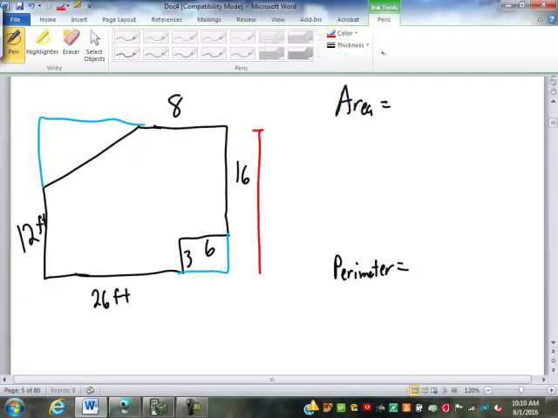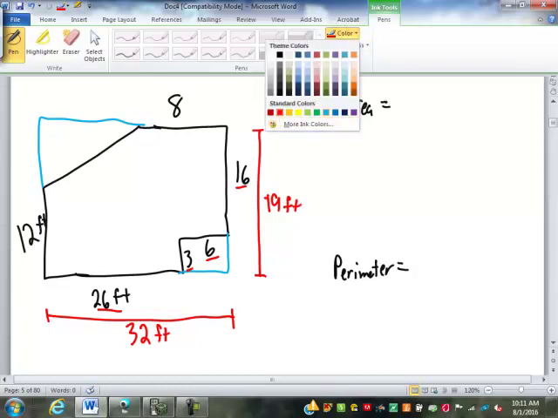What's this dimension have to be? Not everybody at once. 19, good. 16 plus 3 makes 19. What's this dimension have to be? 26 plus 6 is 32 feet.